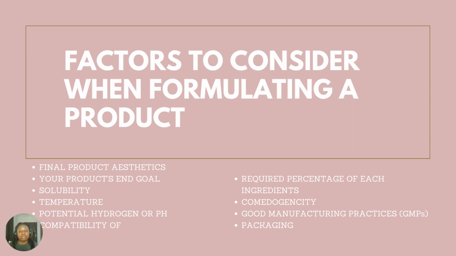So, for example, if you have oils like coconut oil or shea butter that have a particular smell, especially refined shea butter, it makes sense for you to add other aesthetic ingredients that help to improve the smell, so that you can get rid of that shea butter smell, especially if you don't want your product smelling like shea butter.